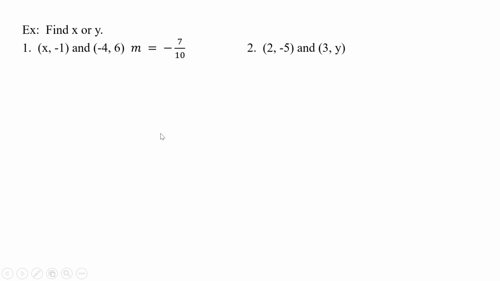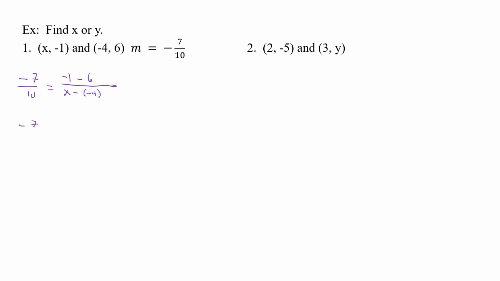All right. What about here? So we're back to finding some x's or y's given our slope. Okay, so the first one we have negative 7 over 10 equals. Now I want to have x on the first one, so I'll have x minus a minus 4, and on top I'll have a minus 1 minus 6.